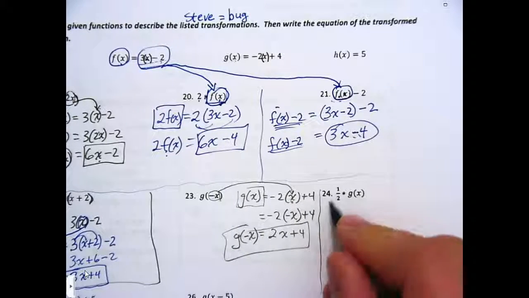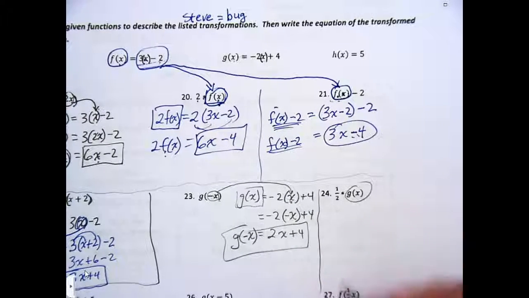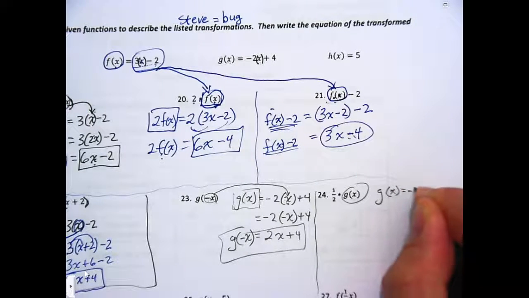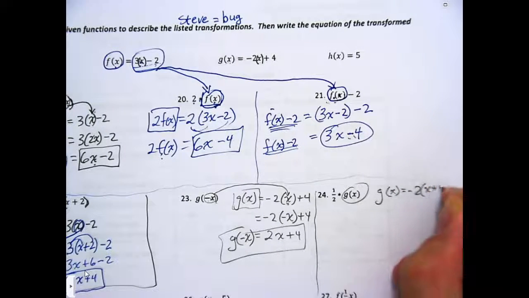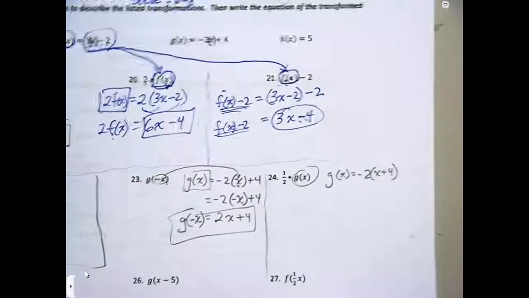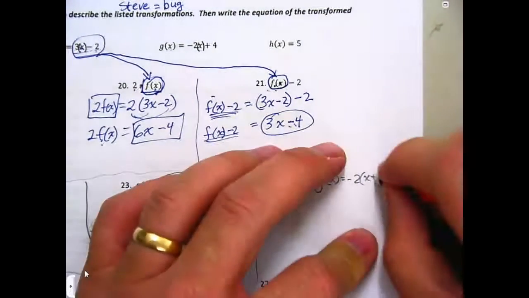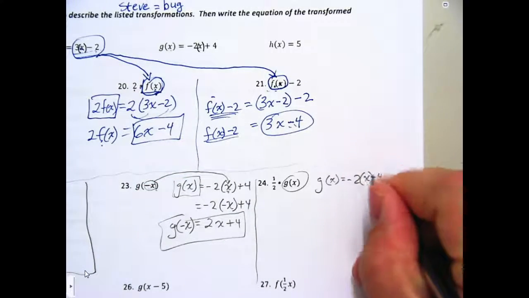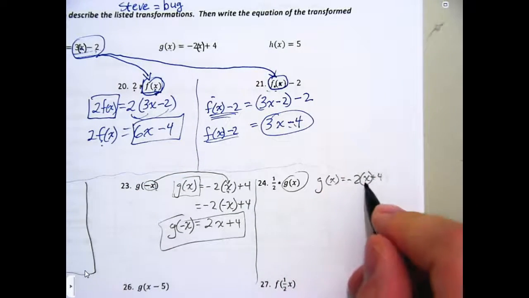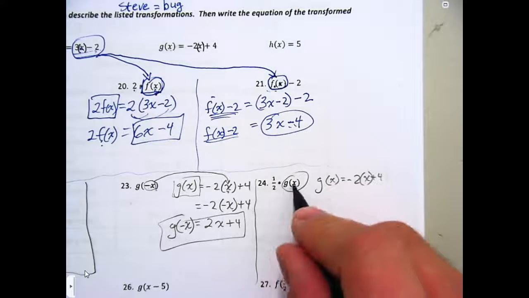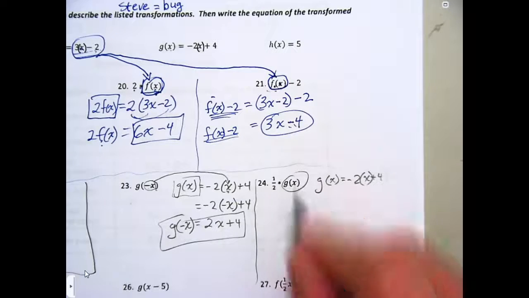This next one here, the g of x we have, so we're going to use g of x equals negative 2x plus 4 again. Notice this says x, and that says x. So we're still with g of x. This just says we're putting the whole g of x function right here.